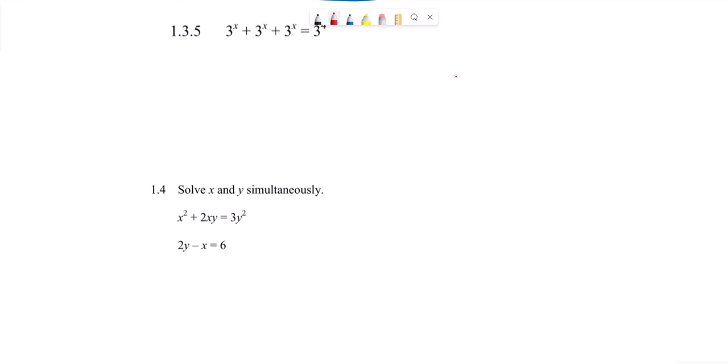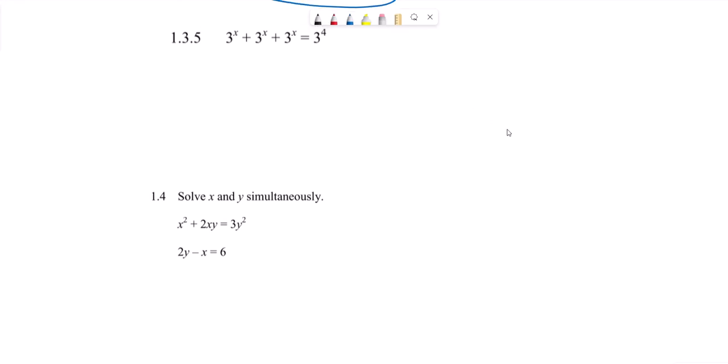This one, a little hint I can give you here is, look at the bases. We have 3 to the x, 3 to the x, 3 to the x, 3 to the 4. There's a little bit of repetition there, and in mathematics, when you see repetition, you might think of doing this: take out the common factor.